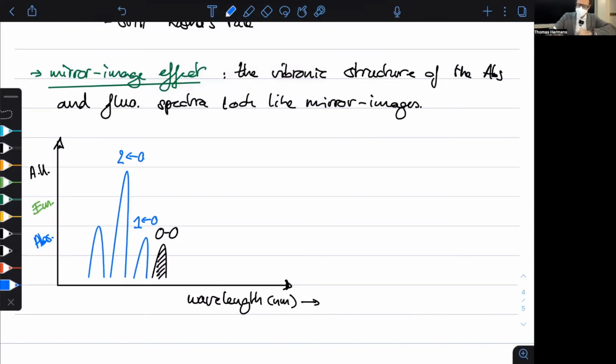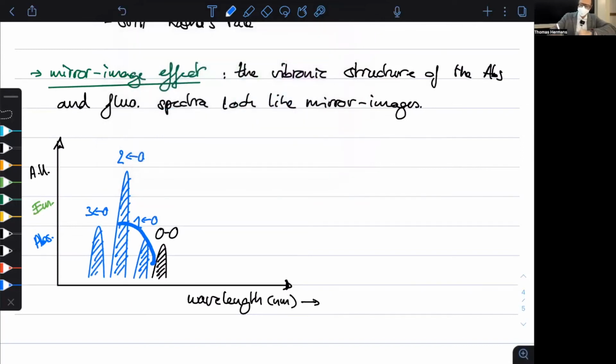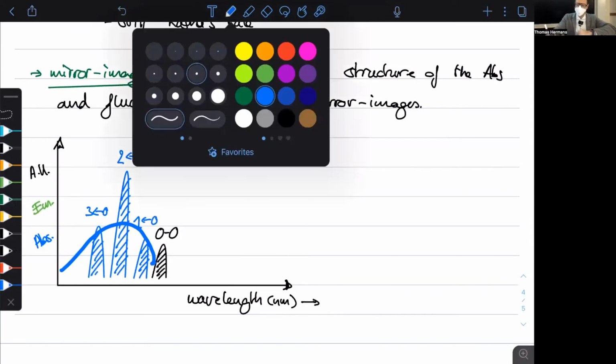Each of these transitions has a very well-defined energy, and a very well-defined energy means very sharp peaks. If you put a molecule in the gas phase at very cold temperatures, you will see very sharp lines. If you put things in solution, it will broaden. So in your spectrum, you will see this thick blue line, which is in solution.